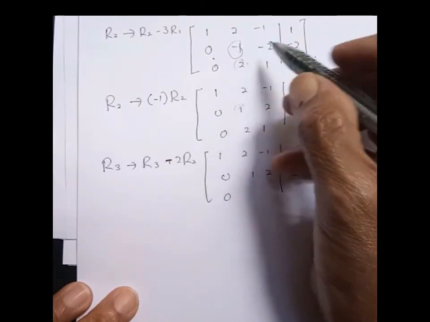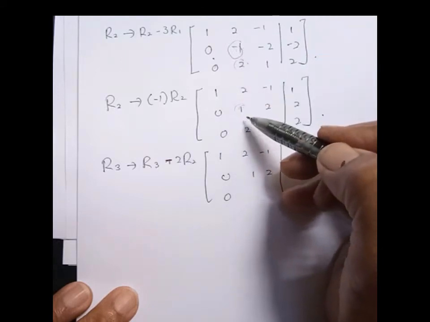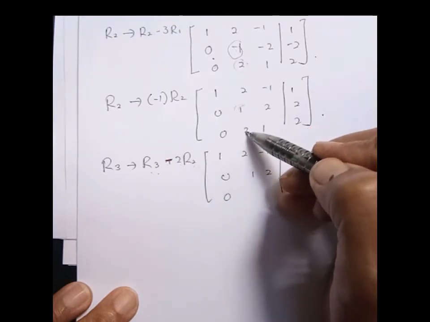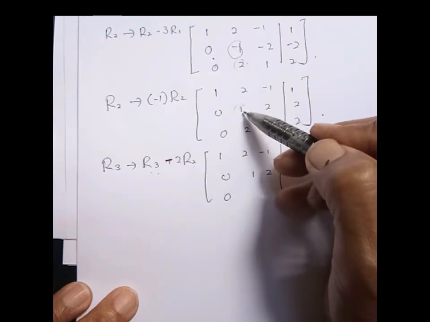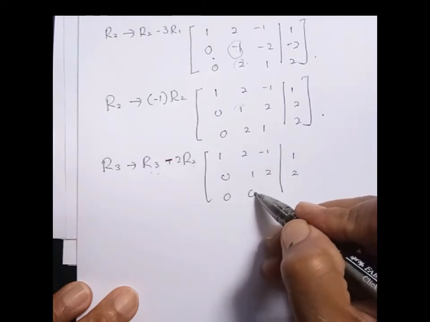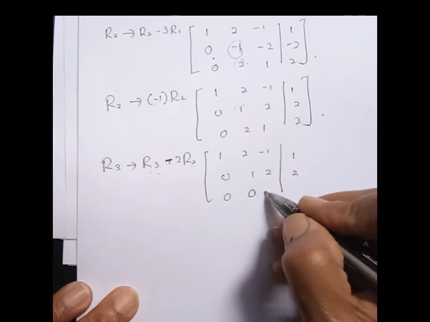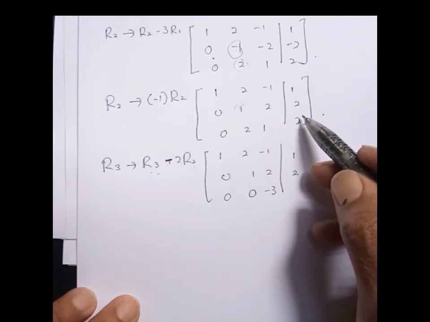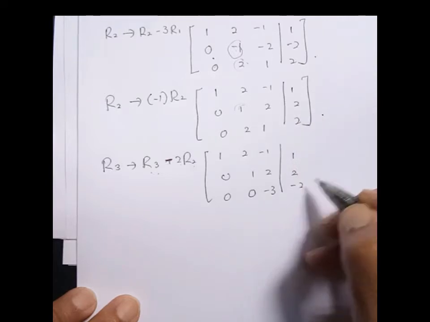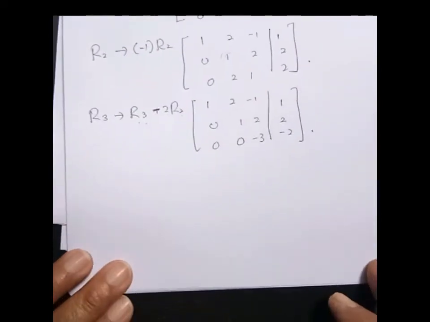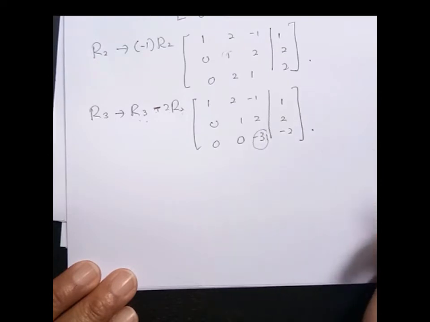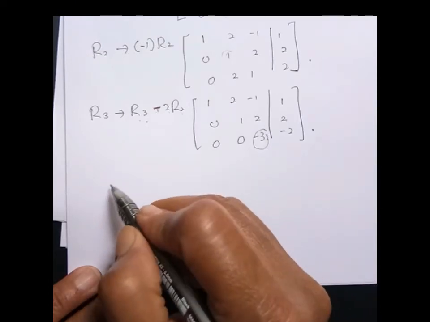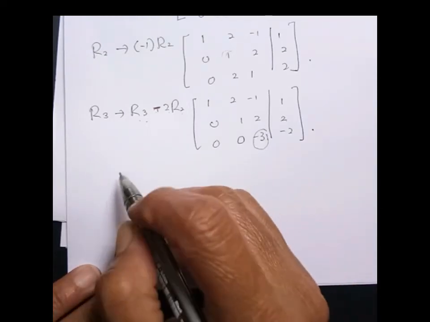I mistakenly took this one, so it should be R3 minus 2 R2. 2 minus 2 becomes 0. 1 minus 4 is minus 3. And then 2 minus 4 is minus 2. So next, this one must be 1.